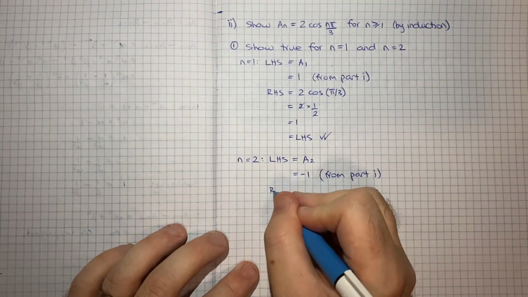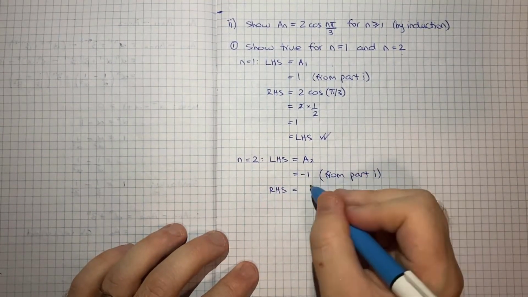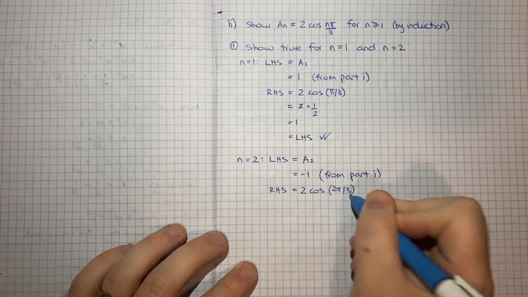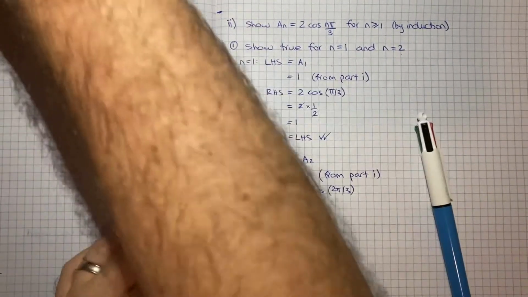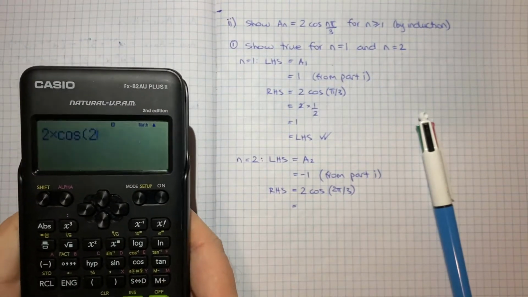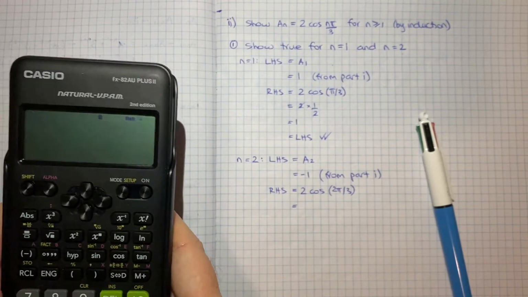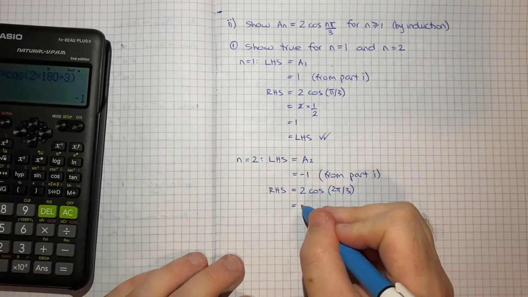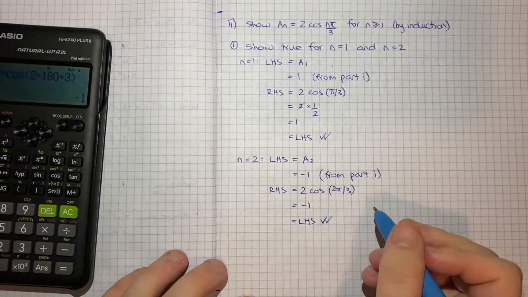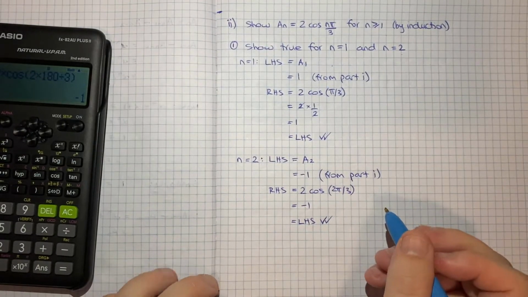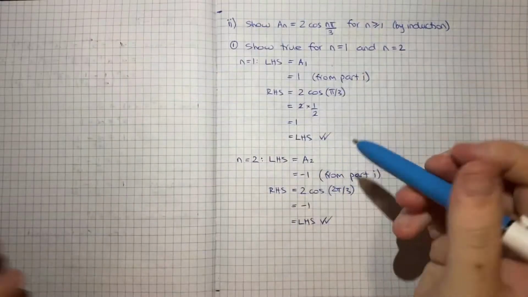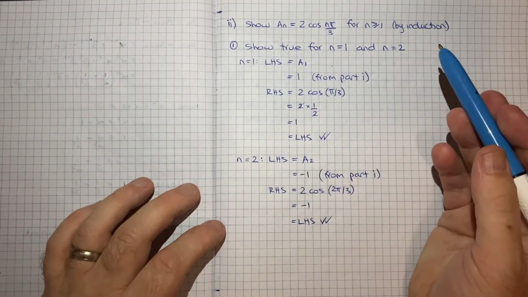The right hand side would be 2 cos 2 pi on 3, and that one I'll throw into the calculator. So 2 times cos 2 times 180 divided by 3 is -1, which is the left hand side, and that's what we needed. Alright, so that's step 1 of the induction.